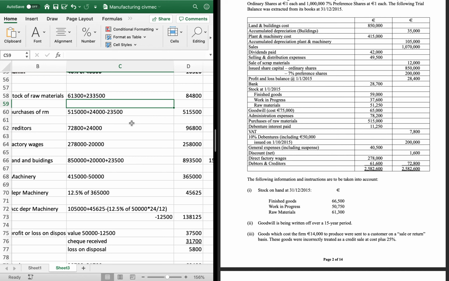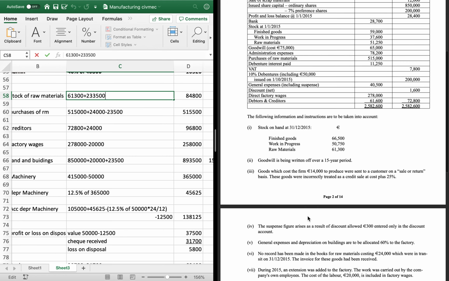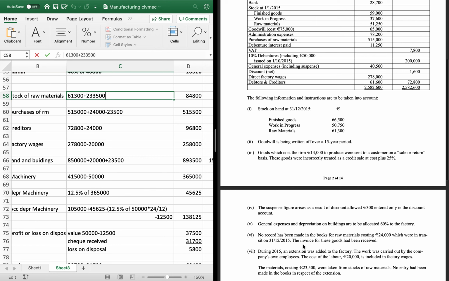So 61.3 plus 23. Sorry, it was 24,000 for the stock of raw. I knew I had that wrong. Yeah, it was 24,000, not 23.